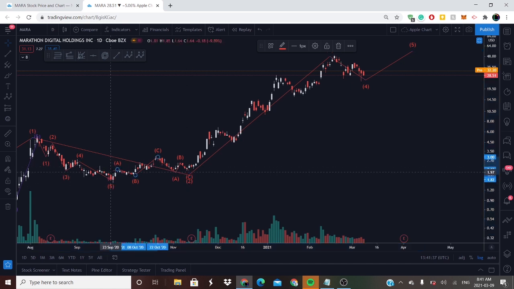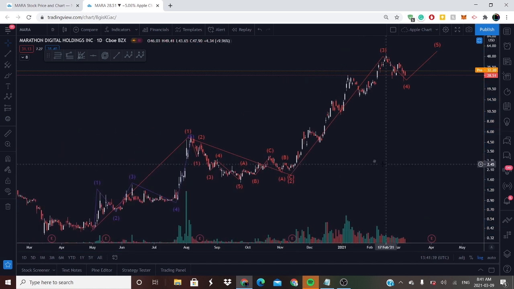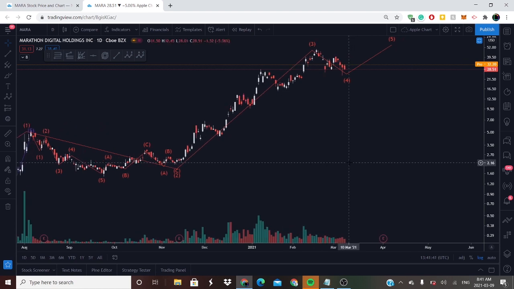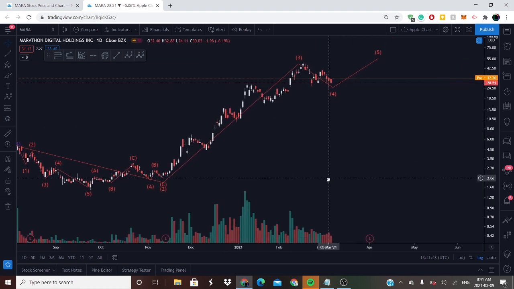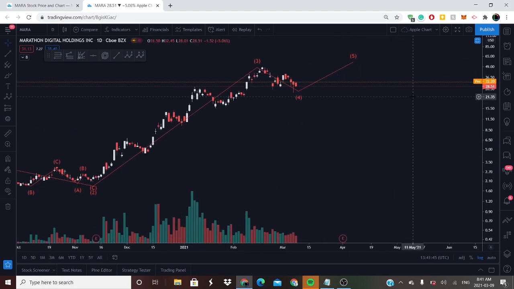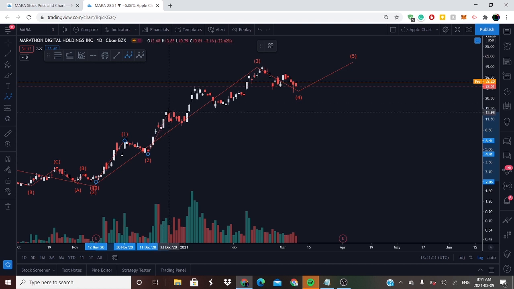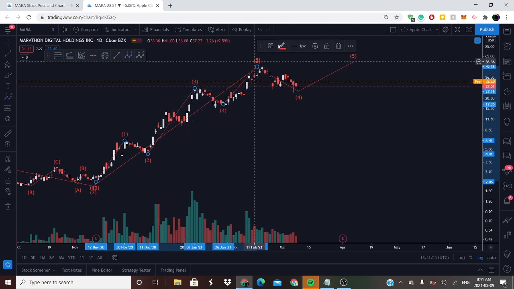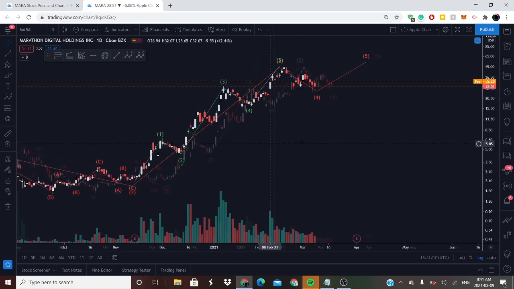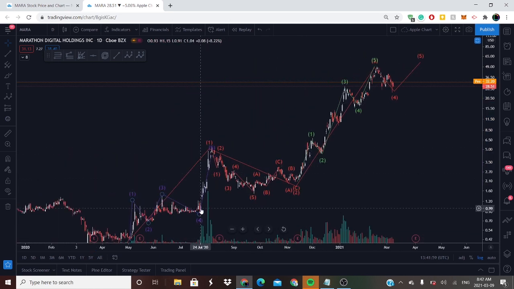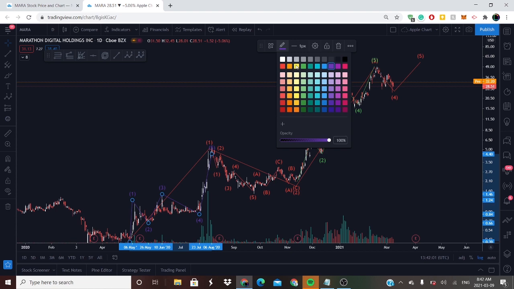So this is a 5-3-3 Elliott wave directional pattern, or 5-3-3 retracement pattern. And then we had a move to the upside, where again, like all upside moves, you have your 1, 2, and then 3, your largest move, 4, 5, and then we can make this green for money. All right, let's make this green too.